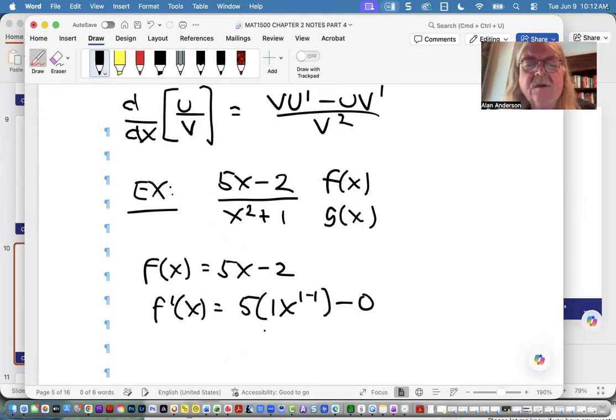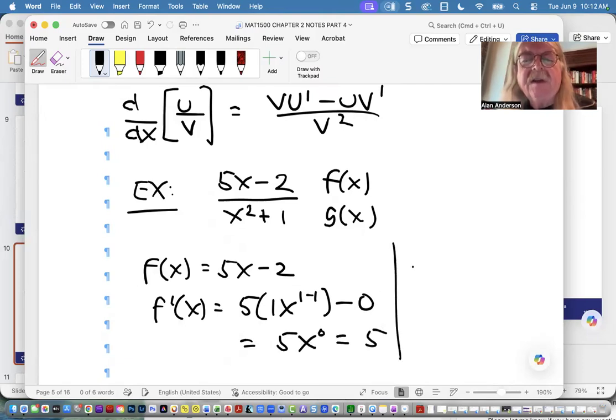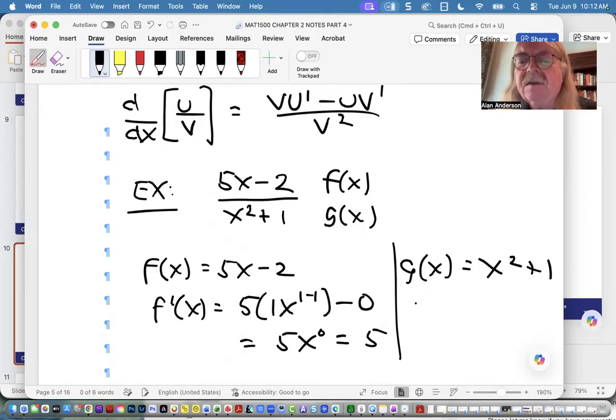And then we just have 0 here. So this is 5x to the 0, which is just 5. Okay. G of x. So we're applying the power rule to both of these. So this is technically 2x to the 1. We'll just call it 2x, and then we have 0, so we end up with 2x.